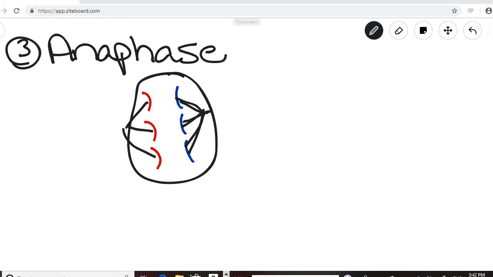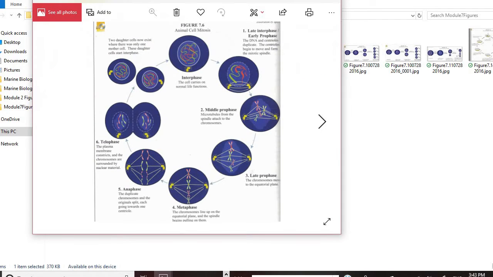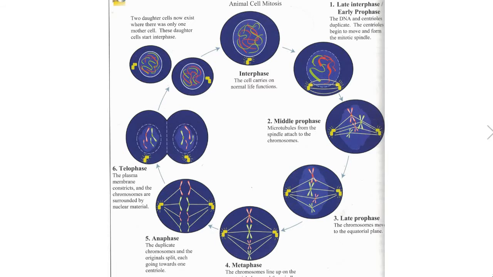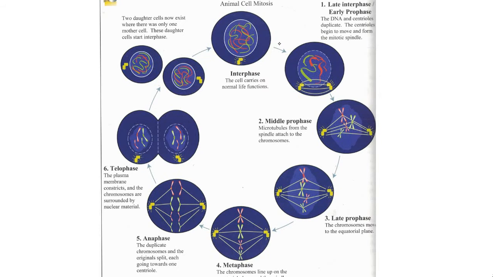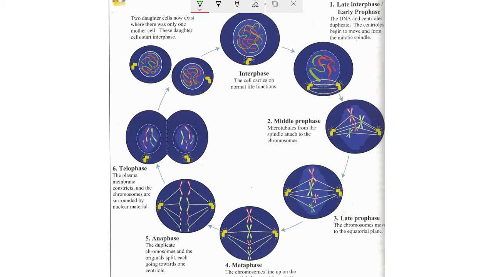Okay, so let's look at the picture of that. Now we look at anaphase here, and you can see that in anaphase, the sister chromatids get pulled away from each other, separated from each other.